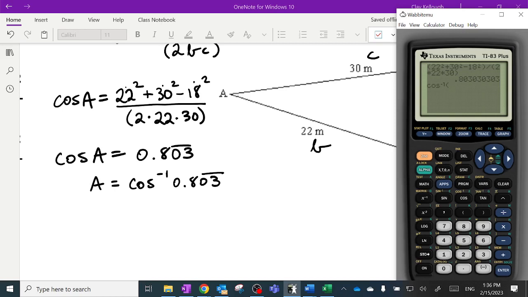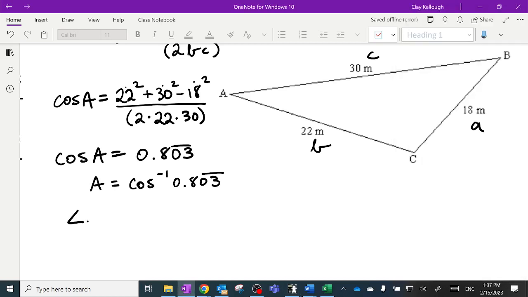Some of you can just hit equals and it'll be there, and some of you didn't even need to hit that. As soon as you hit inverse cos, whatever was on the screen becomes this number here. 36 point, okay, I'm going to round that to 5/8 degrees. And there we go. We just did angle A.